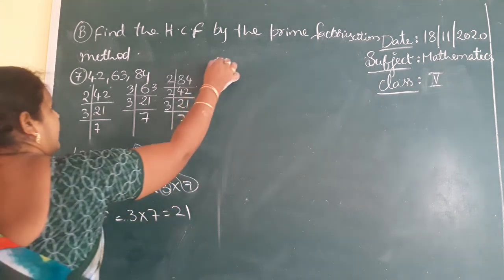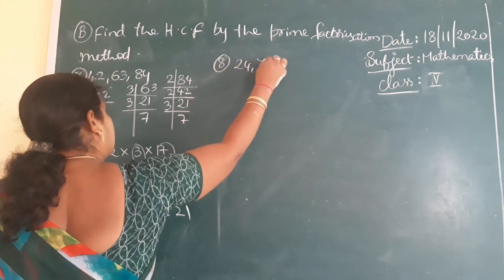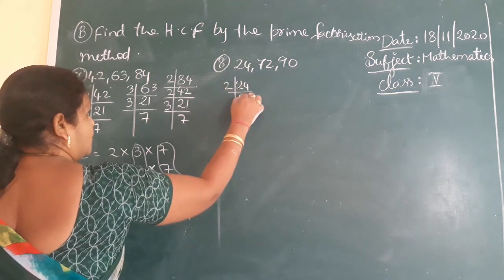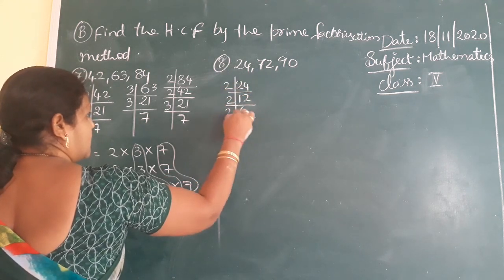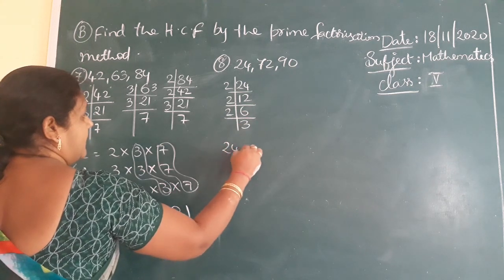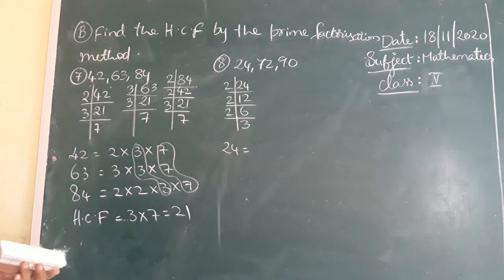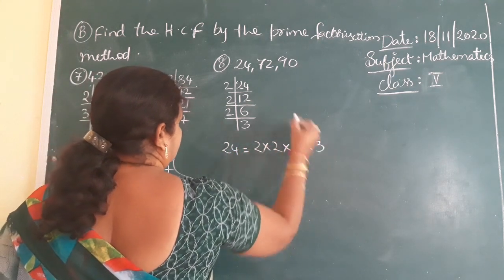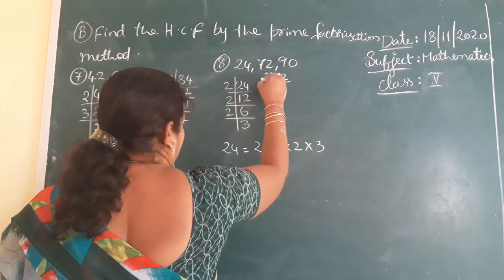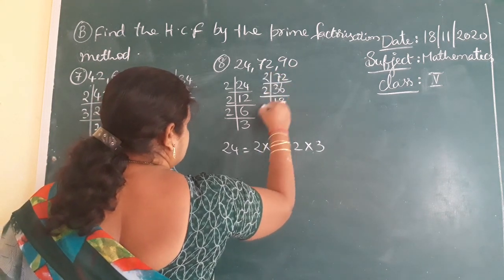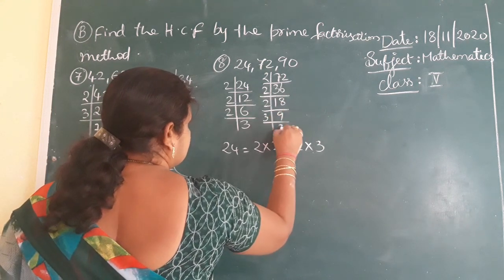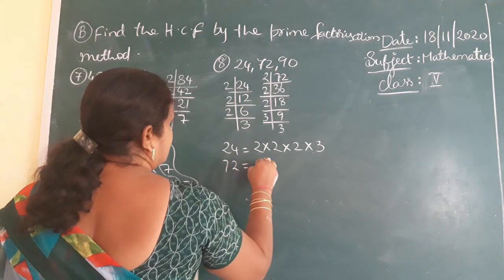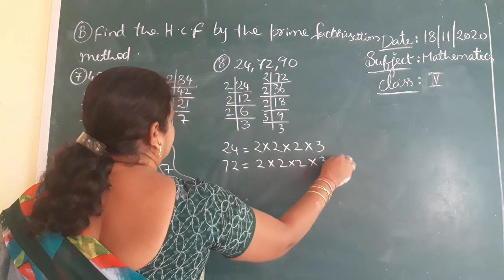24, 72, 90. First, 24 prime factors. 2 12s, 2 6s, 2 3s. So 24 can be written as 2 into 2 into 2 into 3. 72 prime factorization: 2 36s, 2 18s, 2 9s, 3 3s. 72 can be written as 2 into 2 into 2 into 3 into 3.